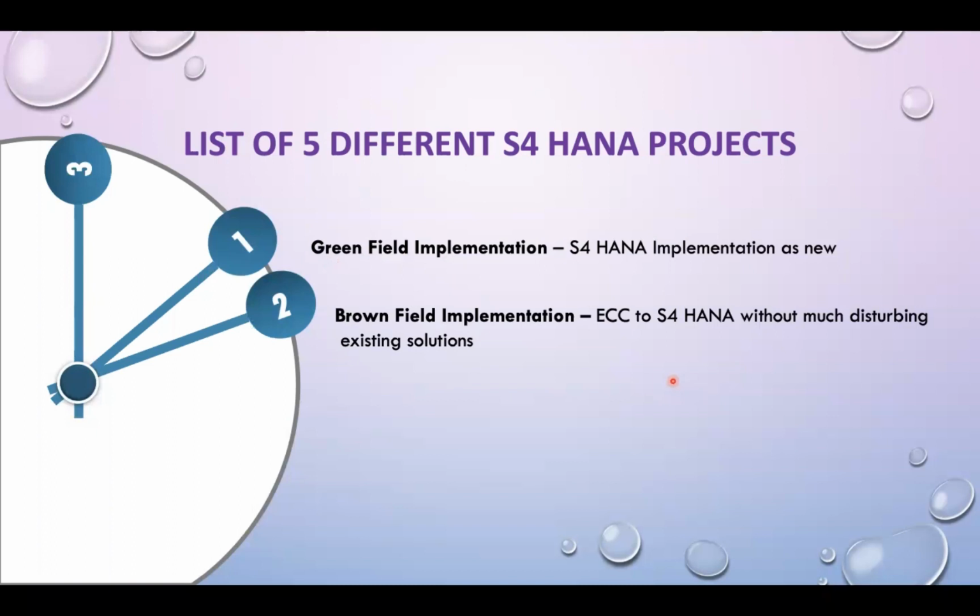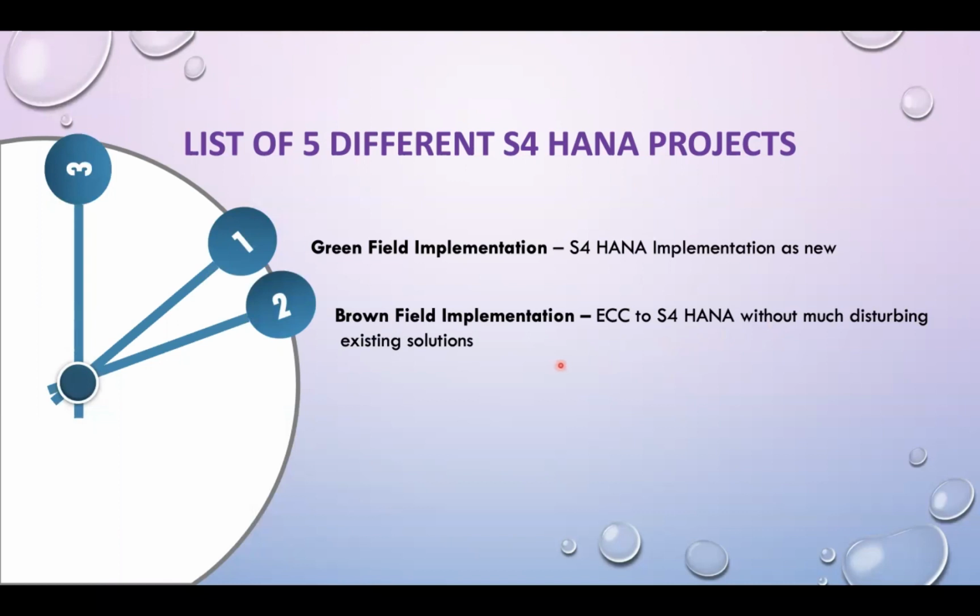Based on their global template and discussions, they can choose S4 HANA 2022 directly, or they may have decided 1-2 years before on S4 HANA 2021, whatever the version, and they're going to move from ECC to S4 HANA.